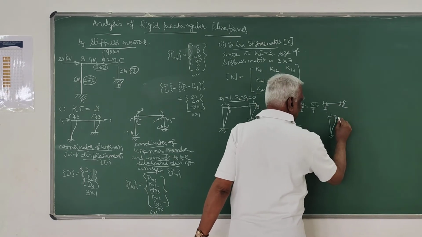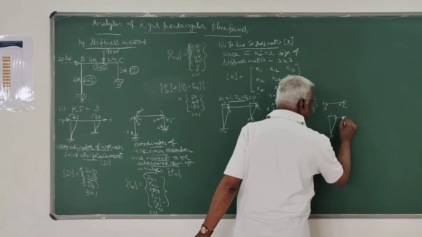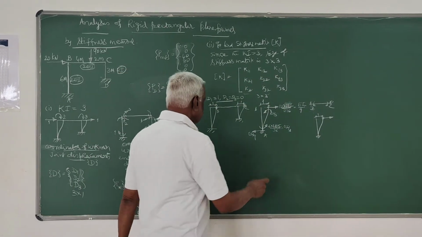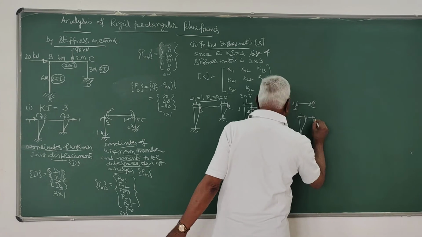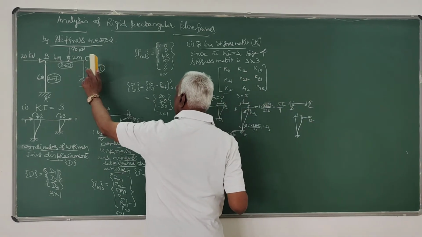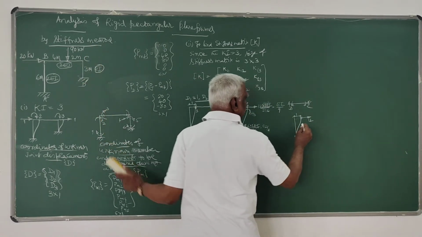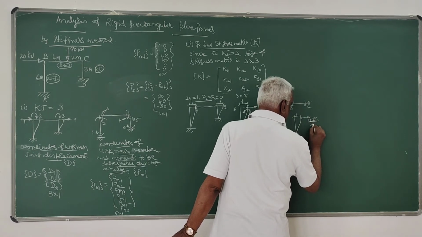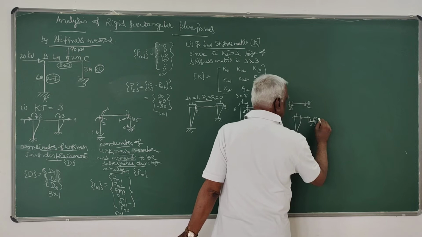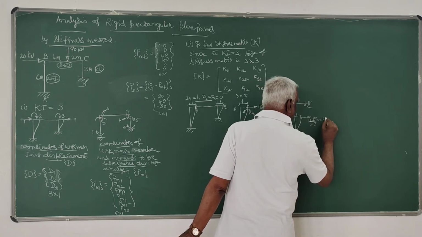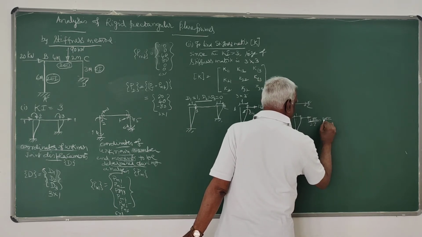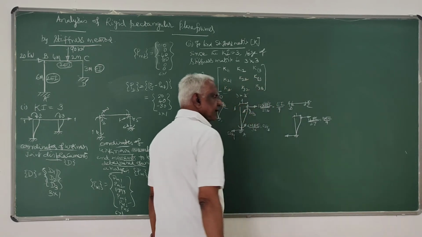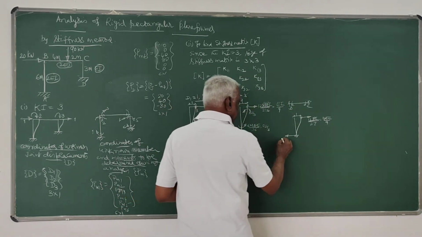Since displacement is unity, there must be a force here equal to 12 EI by L cube, which is 12 into EI, where L cube is 3 cube, that is 27. That is 4 EI by 9. Here it should be equivalent and opposite, that is 4 EI by 9.